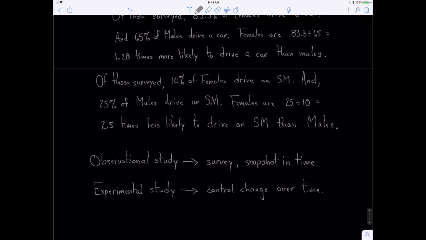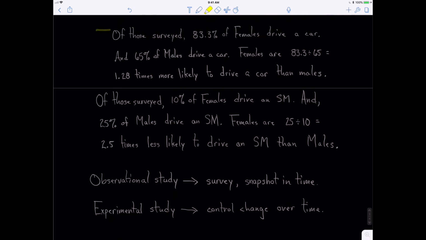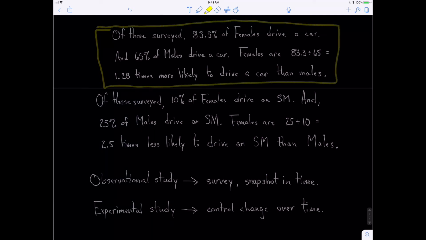Okay, so what we're looking at today and in our practice problems are observational studies, and using the language that we practiced right here, that is exactly how we would report the results of our survey.